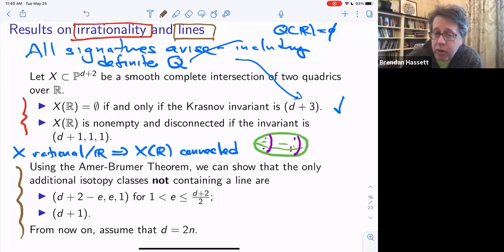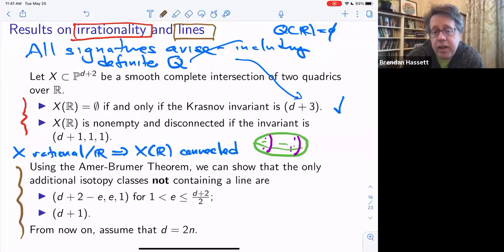The Amer-Brumer theorem tells you that a complete intersection of quadrics has a point if and only if the corresponding family of quadrics has a section, or a complete intersection of quadrics has an isotropic subspace if and only if the corresponding quadric fibration has a similar isotropic subspace.